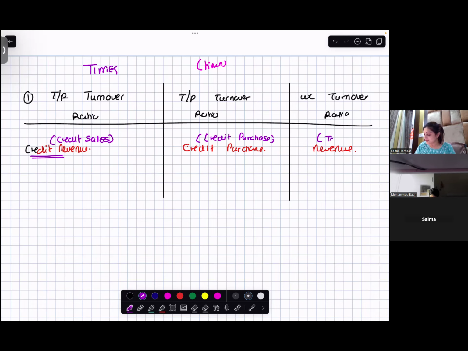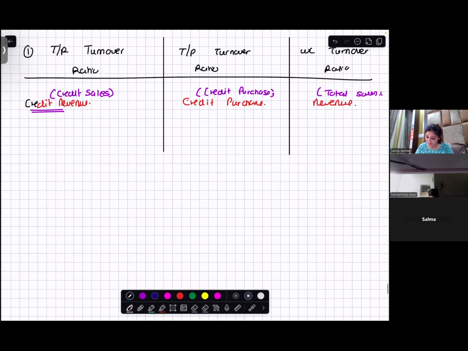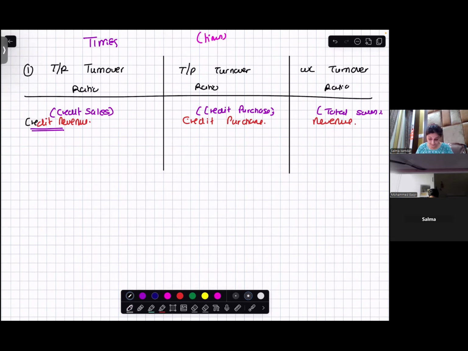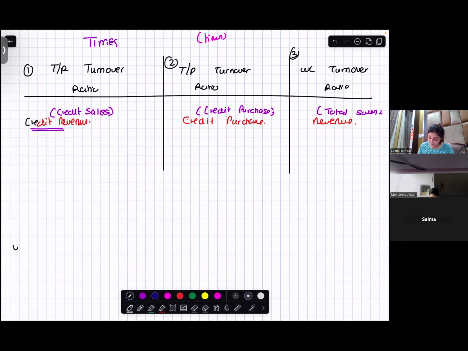And this means your total sales. So whenever there are turnover ratios, trade receivable turnover ratio, trade payable turnover ratio, working capital turnover ratio, and there is one more turnover ratio if you remember, inventory turnover ratio. I will talk about this a little bit later.